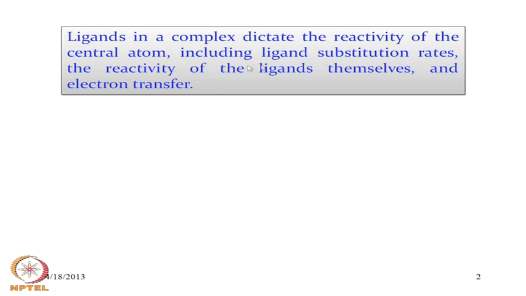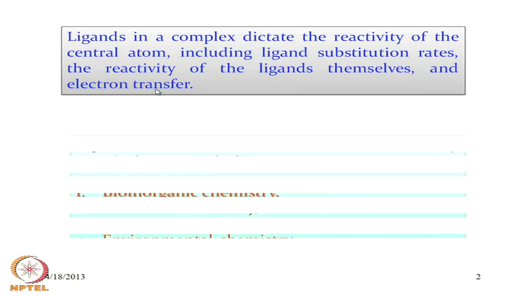When the ligand substitution is taking place, we also find that sometimes a big organic molecule is attached to the metal center, and if the metal is performing some catalytic role, and we can perform some reaction on this bound ligand, the reactivity of the organic molecule can also depend on the nature of the ligand system as well as the corresponding electron transfer reaction.